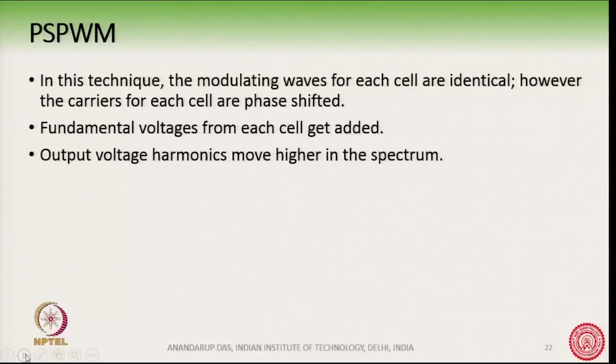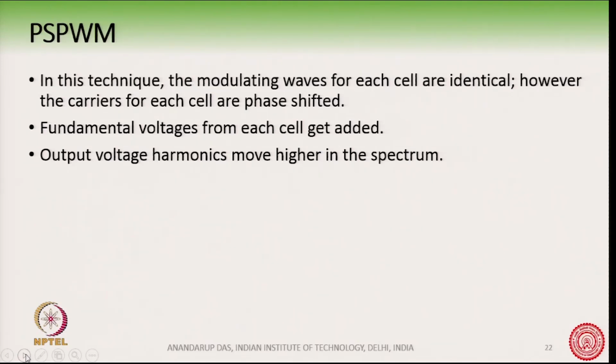So, this is the basic idea about phase shift PWM and level shift PWM, and keeping this in mind, we can go ahead and study these two techniques in detail. Phase shift PWM. So, as I told you, the modulating waves for each cell are identical here, but the carriers are getting slightly phase shifted in case of phase shift PWM.